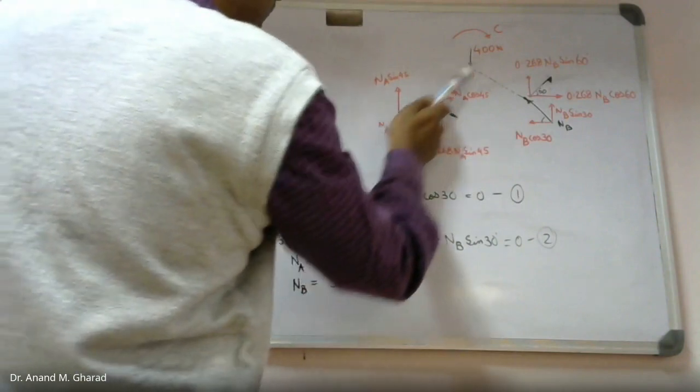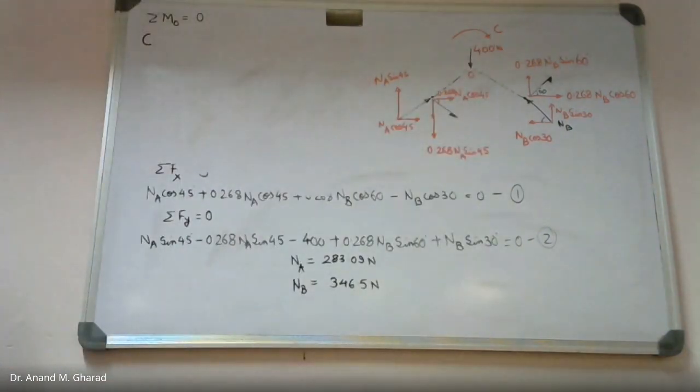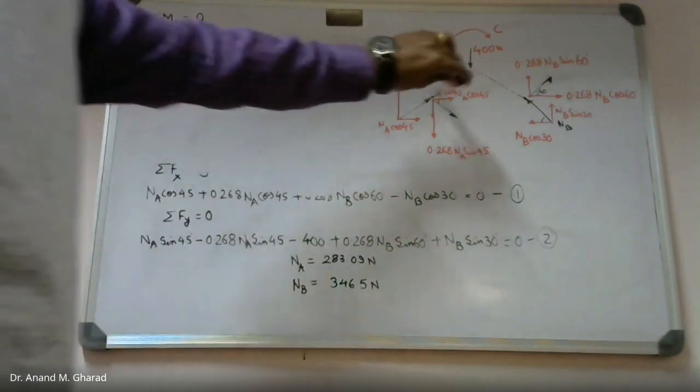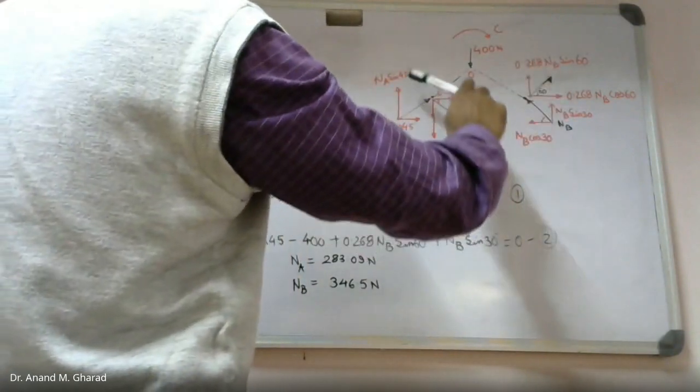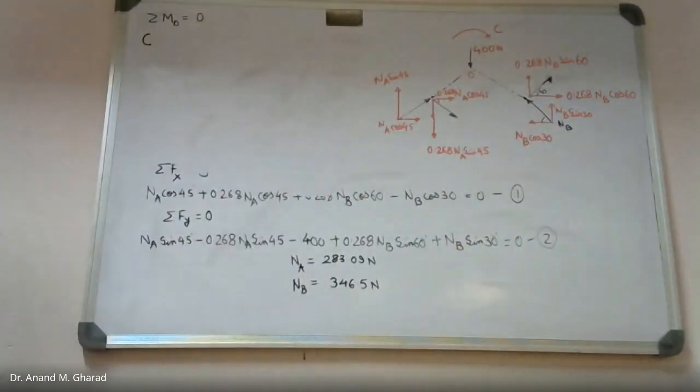It will pass through this point itself, point O, and your complete equation will become 0, isn't it? But somehow I need to find out the value of couple, since it has generated some motion or it has impeded the motion. So in such case, what should be done?